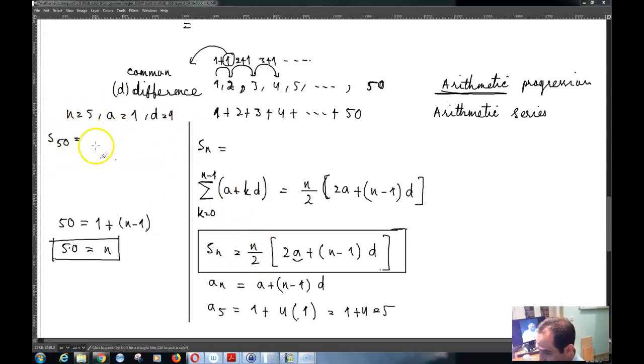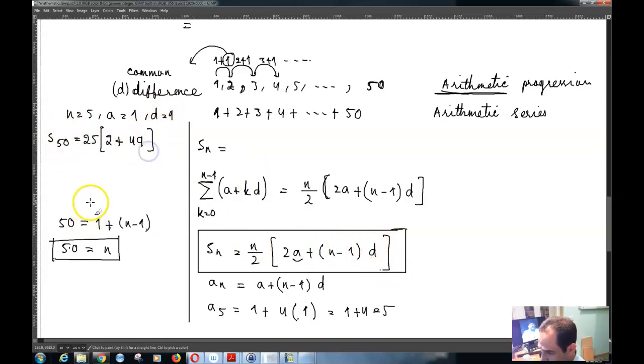which is 50 divided by 2, which is 25, times 2a, 2 times 1, which is 2, plus n minus 1, which is 49, times d. d is equal to 1 here.